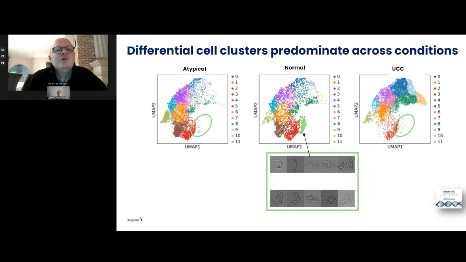But in the middle, the normal has, where its legs are, a green island, and that green island is basically absent in the atypical, but also in the urinary cell carcinoma. So each of the clusters has its own specific characteristics, which can be very beneficial to do very highly sensitive diagnostic separation of the different conditions.